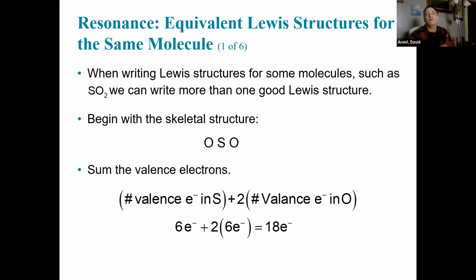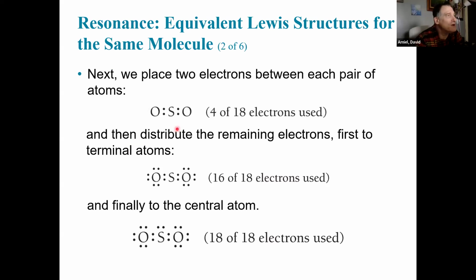Okay, here's another, not failure of Lewis structure, but another wrinkle, another complexity, if you take a molecule like SO2. You count up all the valence electrons and you get 18. When you play the game of shuffling the electrons around, you break it down into steps.